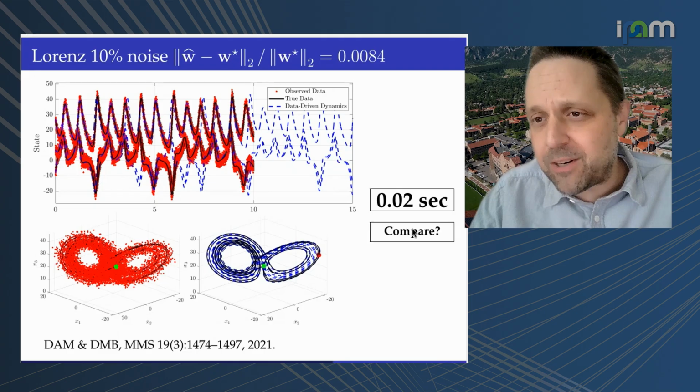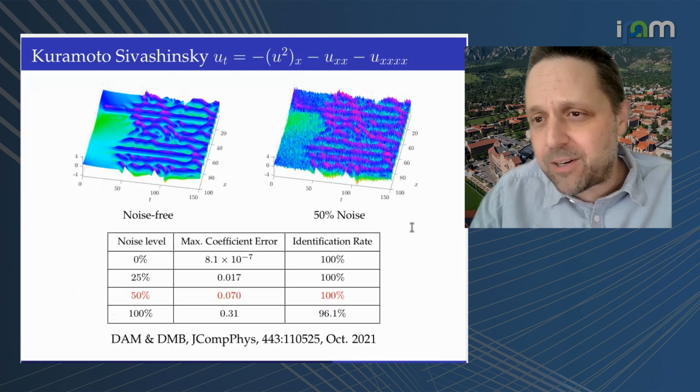So how do you even compare with forward solver based estimation for these problems? As I said, for PDEs the test functions can be done in space and time, so we choose a very nice, difficult Kuramoto-Sivashinsky PDE, and we can go all the way up to 50% noise.